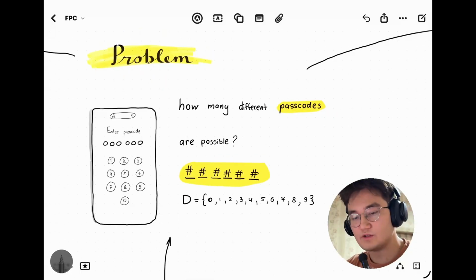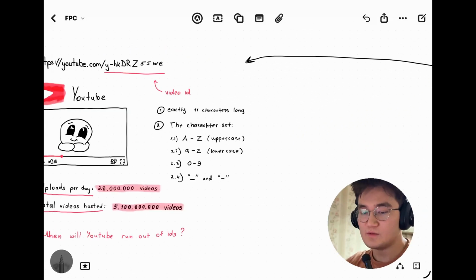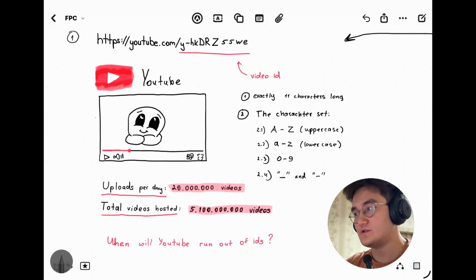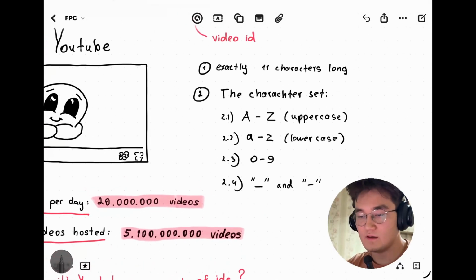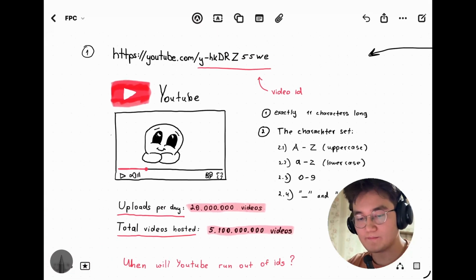The last thing I want to do is to give you 2 problems that you need to solve on your own. The first problem is related to YouTube. Every video has its own unique ID that has exactly 11 characters, and the character set is A to Z in uppercase, in lowercase, digits from 0 to 9, underscore, and minus.